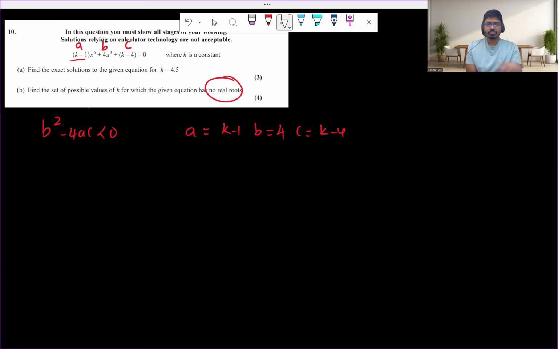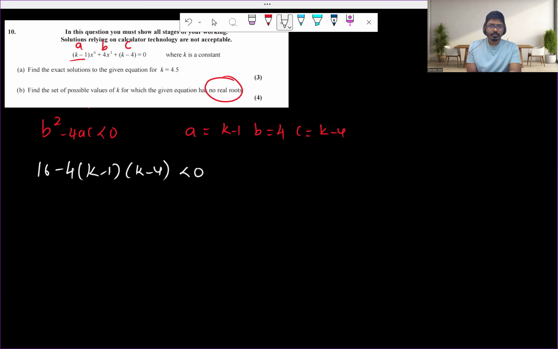So now we substitute the values of a, b, c into the discriminant, which is less than 0. What is b squared? 16, because 4 squared. Then 4 times a, which is k minus 1, times c, which is k minus 4, is less than 0.